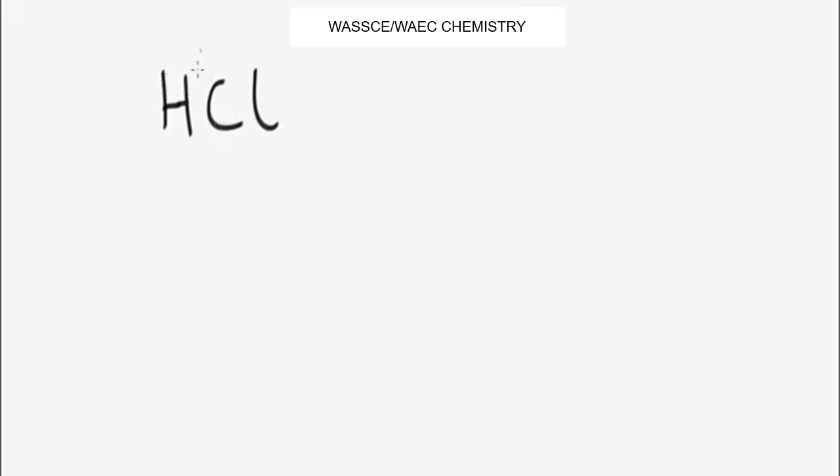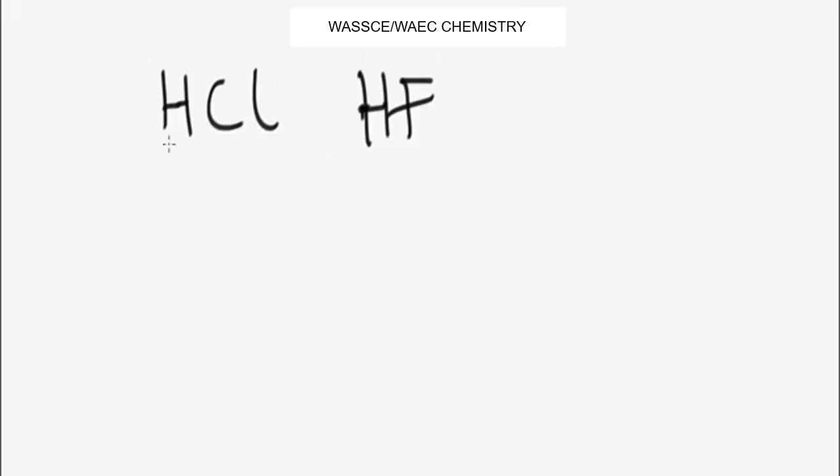We have covalent bonding in this compound. Another similar example is hydrogen fluoride. So this is a molecular compound. Halogens can form molecular compounds, and they have covalent bonding in them.